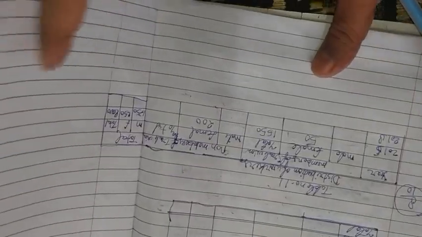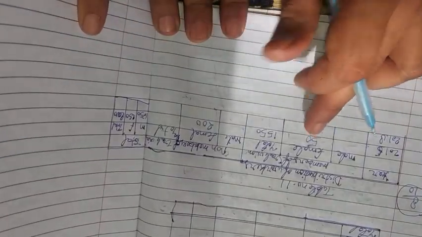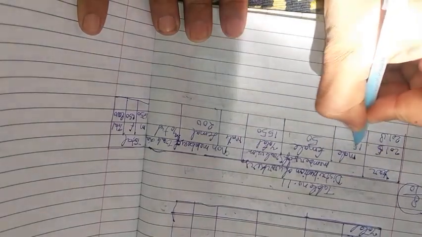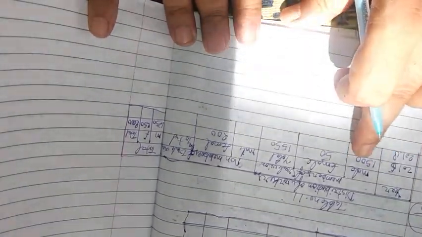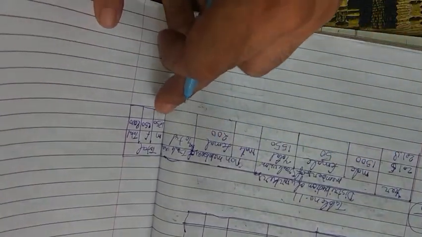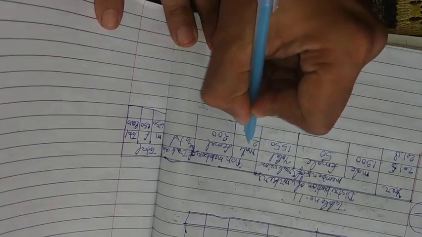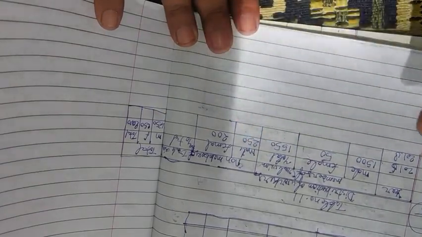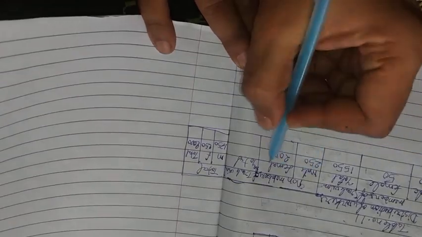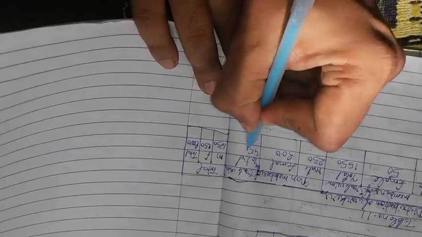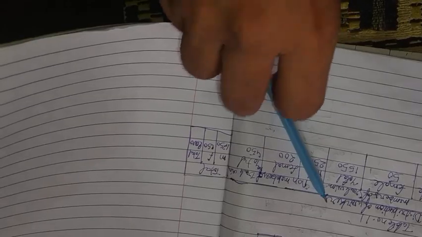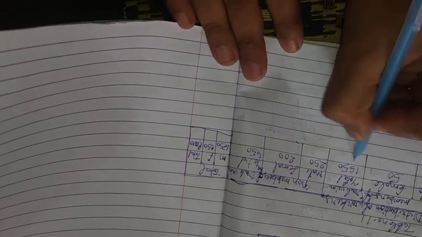It means out of 1550, 50 are females, so 1500 males belong to trade union. And if 1500 males belong to trade union out of 1750, it means there are 250 males who did not belong to any trade union. So the total number of non-trade union members was 450.